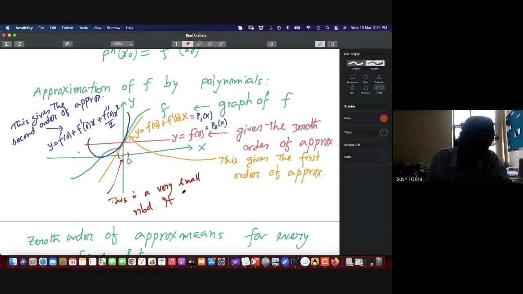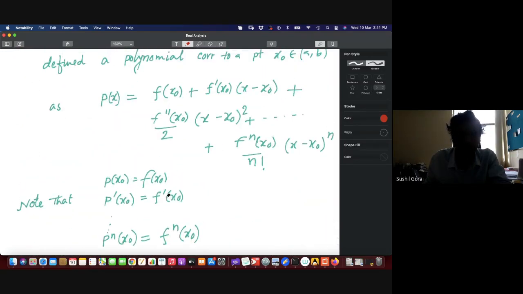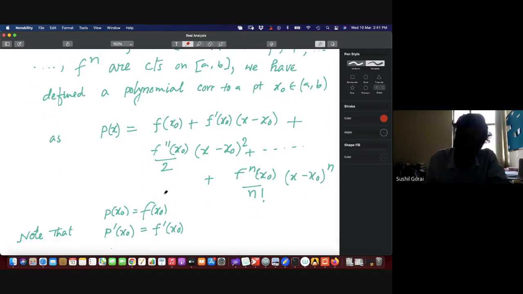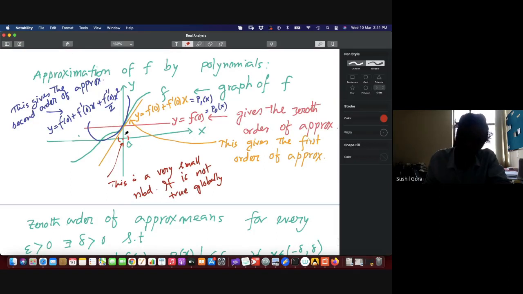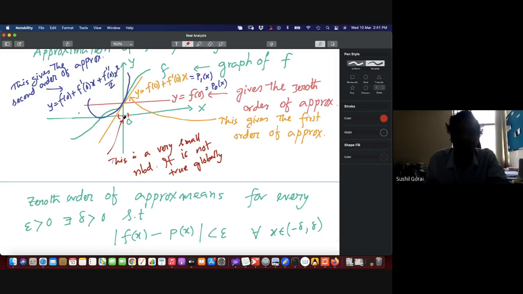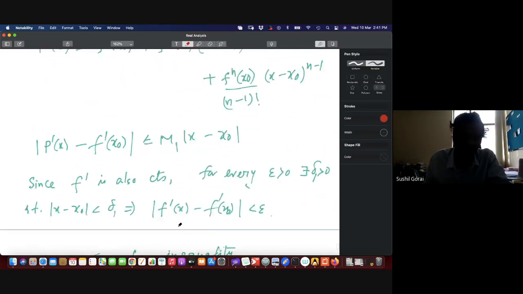It is not true globally, which means in a big neighborhood of AB, this approximation is not true. Or in the whole closed interval AB, this P will not approximate f. Right? This is true only locally, which means there exists a neighborhood around the origin here, on which you get the approximation. This is important.